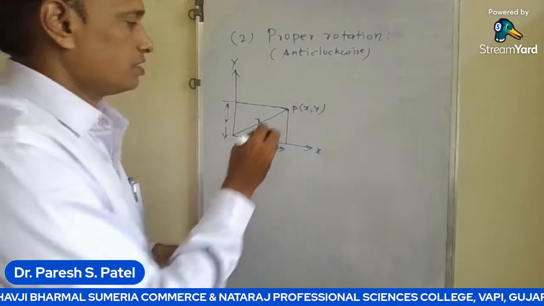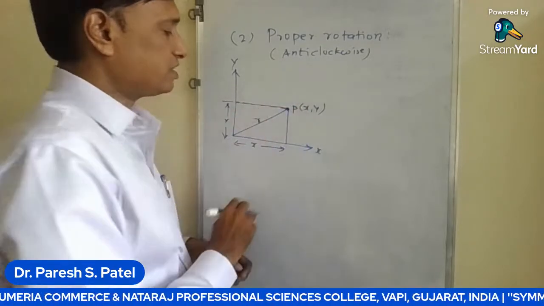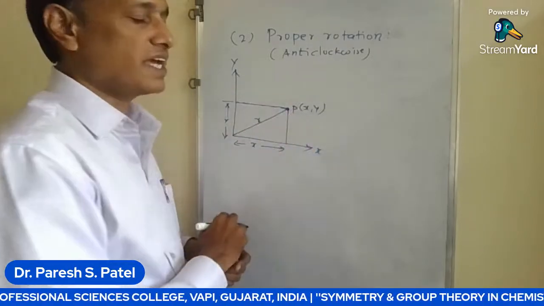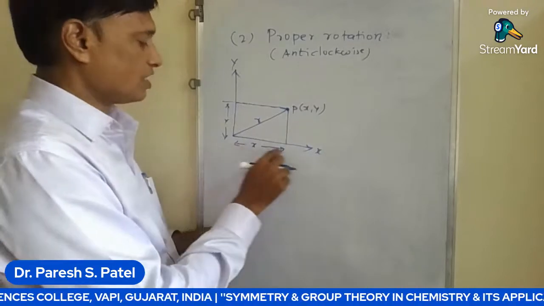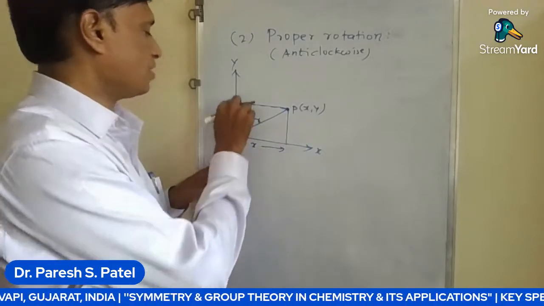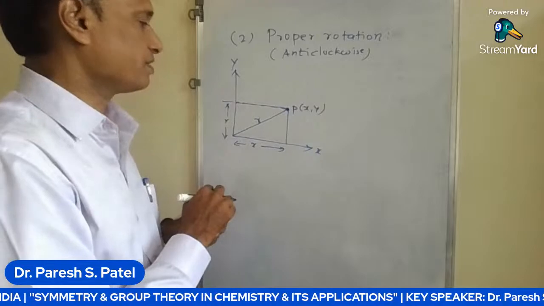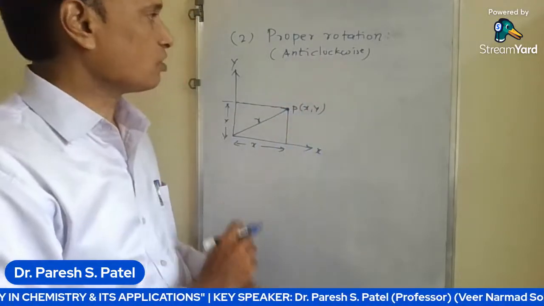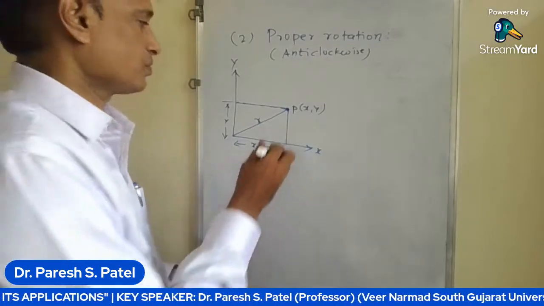Now vector t with length r and coordinates x and y. Now, first of all, anti-clockwise rotation.